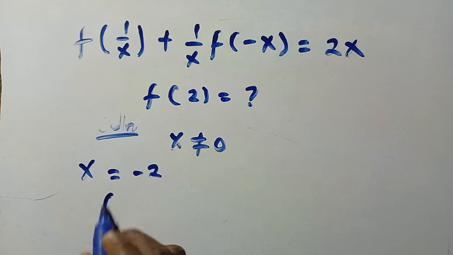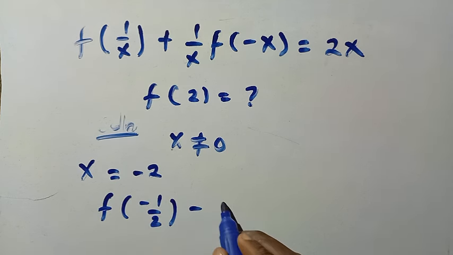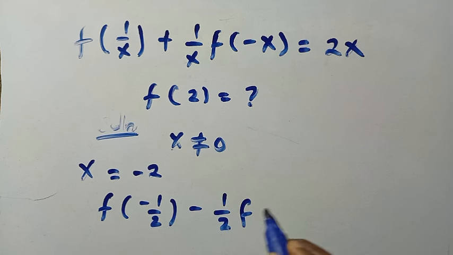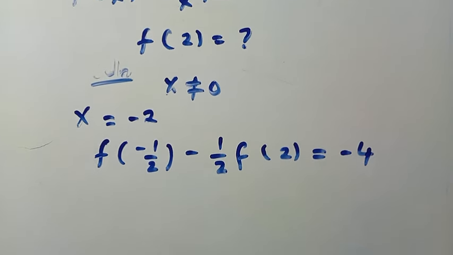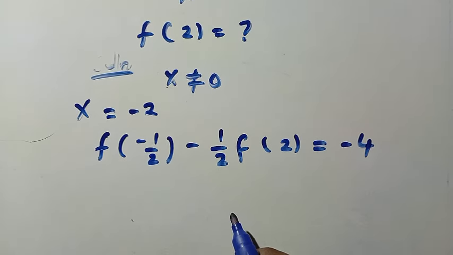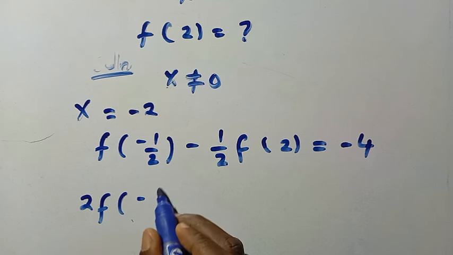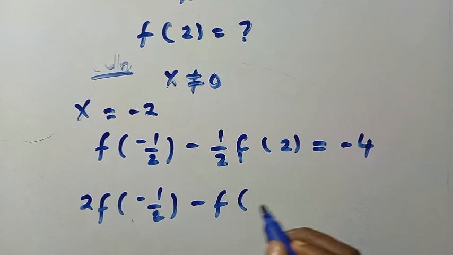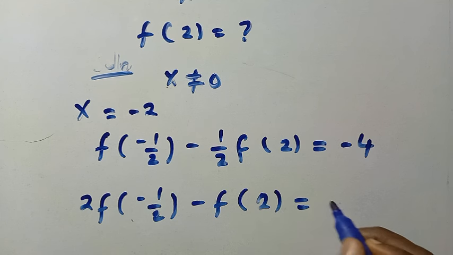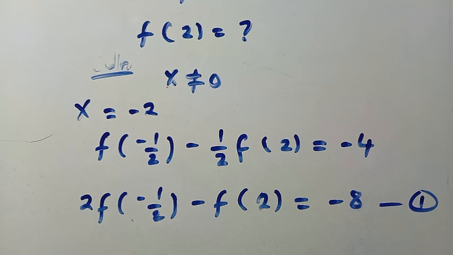So the first one becomes f(-1/2), then -1/2 f(2) equals -4. Then let's multiply this throughout by 2. Here becomes 2f(-1/2) - f(2) = -8. Let's call this equation 1.